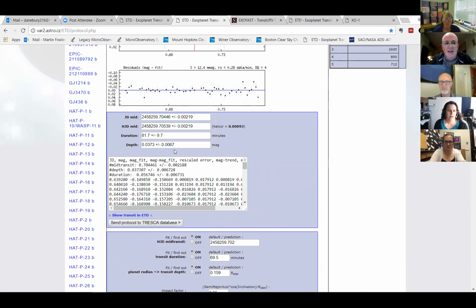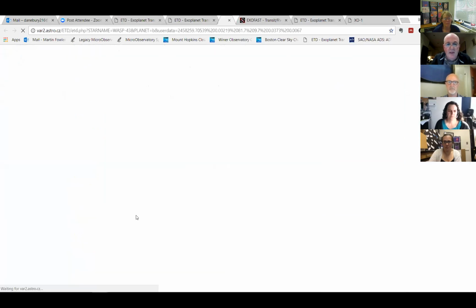But we can get an idea of how long the transit is lasting for, and the depth of the transit. One of the really good things is that with the ETD, and I hope once you guys at CFA have got things going with the ExoLab archive, you can upload your data to there, just like you can do with DIY and ExoLab.